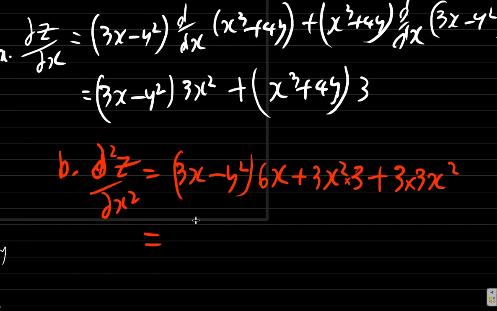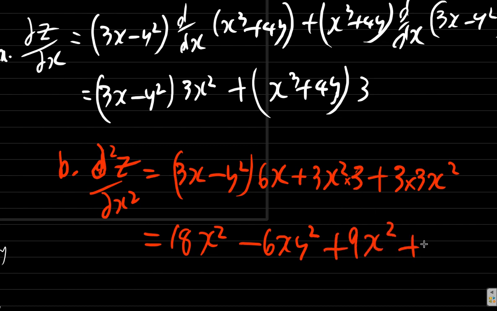Multiply out the brackets. 6 3 is 18x squared minus 6xy squared, plus 3 3 is 9x squared, plus 3 3 is 9x squared.